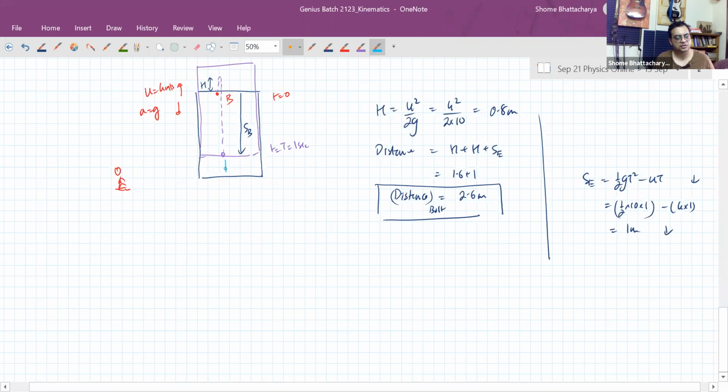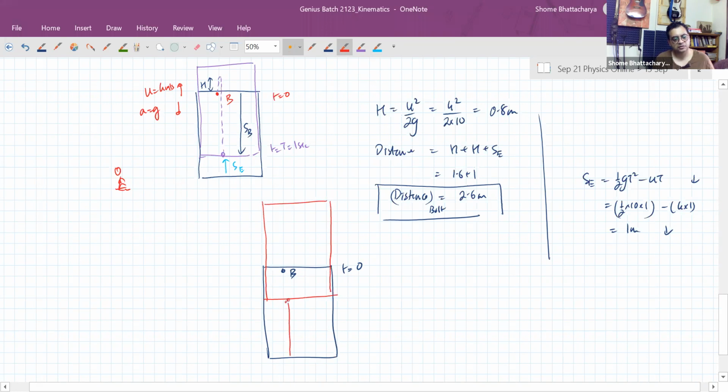So my diagram is not proportionately drawn. This SC should be more, this SP should be less. Okay. So the actual thing is more like this. This is the situation at t equal to 0. Then by the time the bolt hits the floor, it's the floor that has done a displacement of 5 meters. So this is displacement of the bolt only.